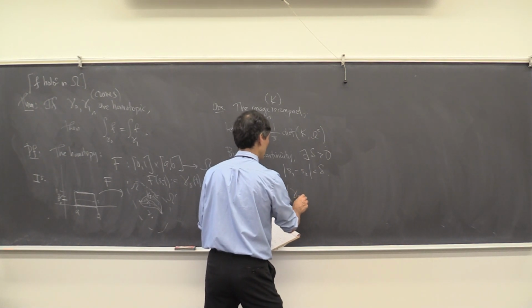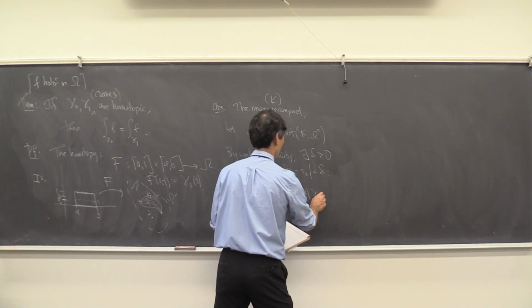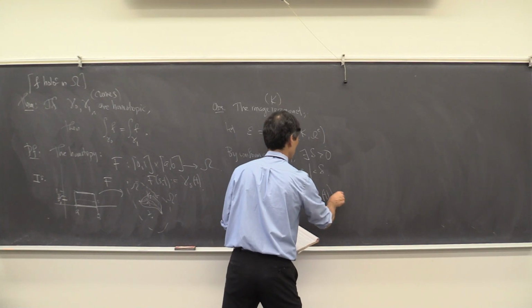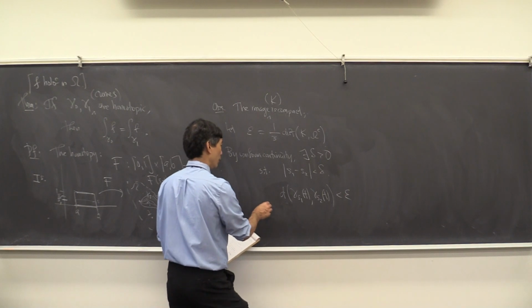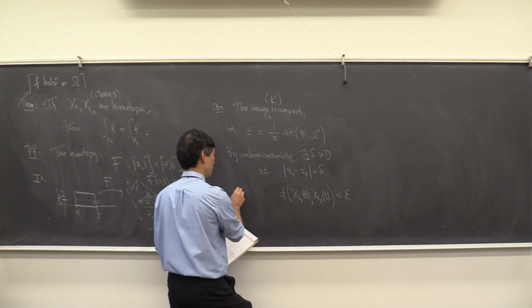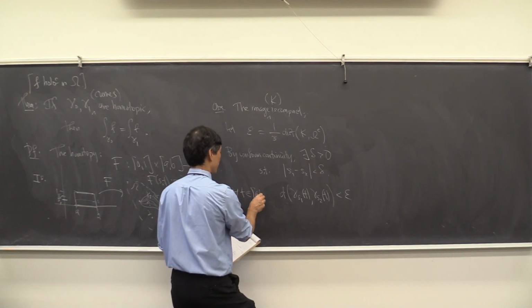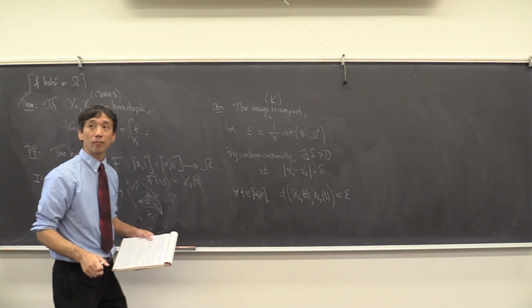The distance between corresponding points is smaller than epsilon, for all t in [a,b].